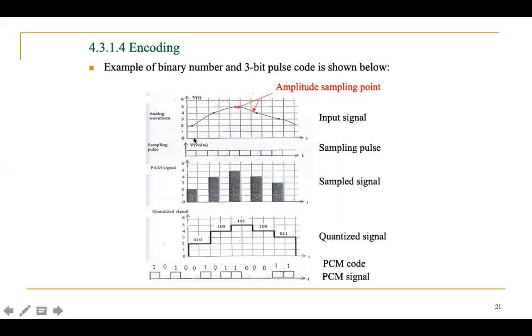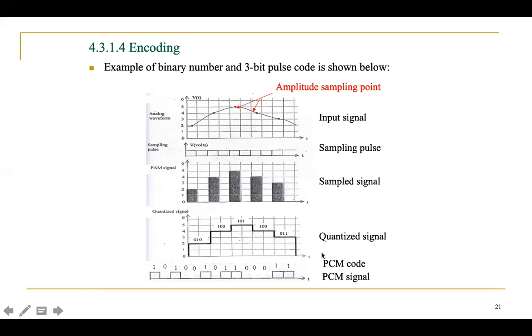That's why the amplitude is 2, this is 4, this is 5, 4 and 3. This is flat-top sampling, and this is the quantized signal. The quantized signal gives the level value. So this is 2, meaning the value here is 010. 4 is 100, 5 is 101, 4 is 100, and 3 is 011.